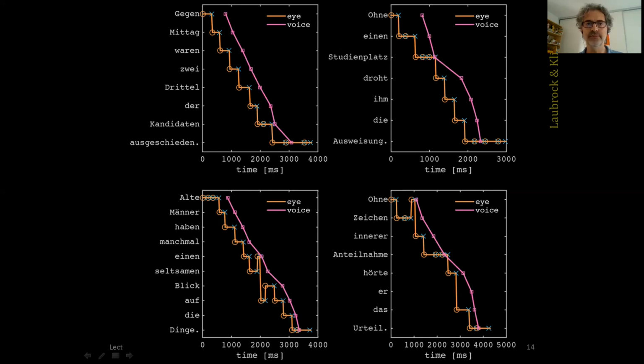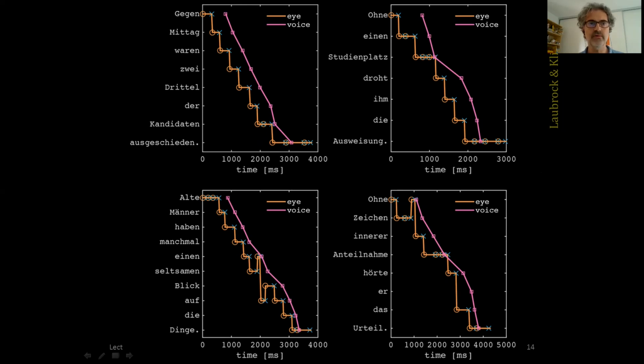These are some example data from German, and these are for sentences that were displayed on this screen. But here, for the purposes of the graph, the words of the sentence are shown on the vertical axis, but the words were shown normally as a normal sentence in the middle of the screen. And what we see here is where the voice is and where the eye is at any moment.